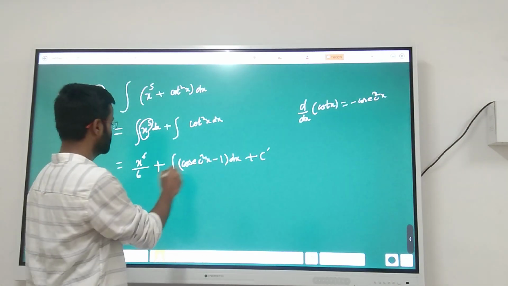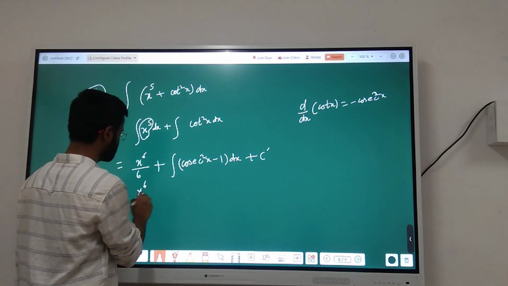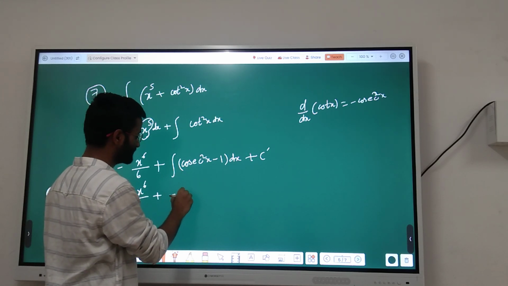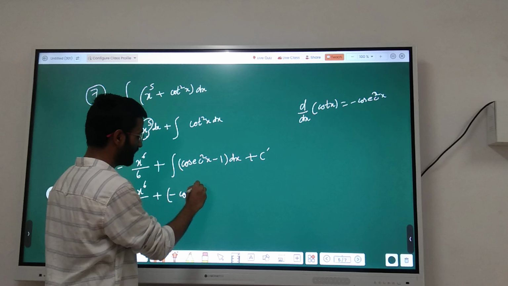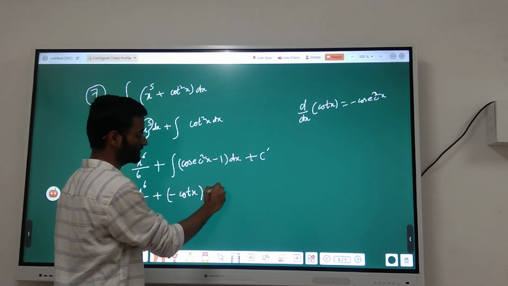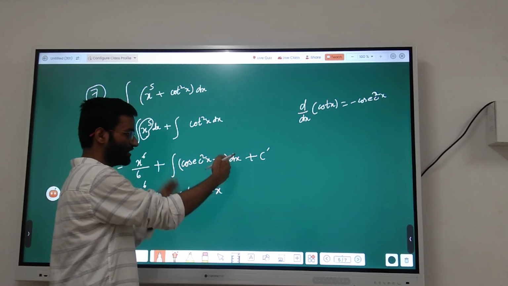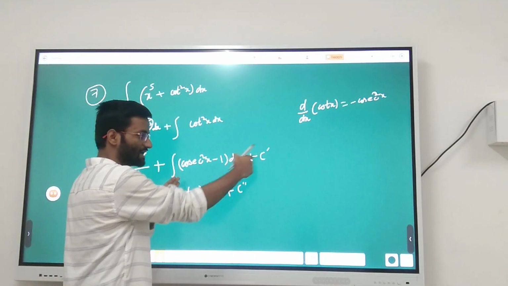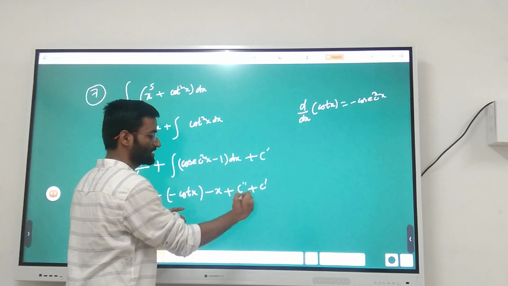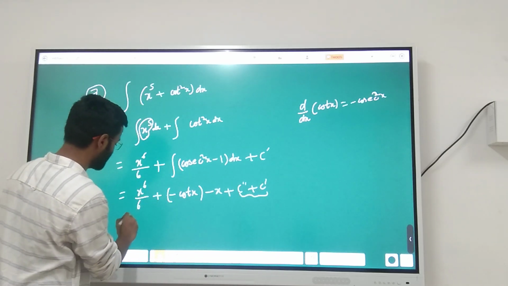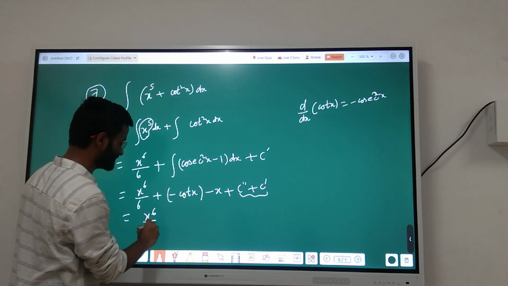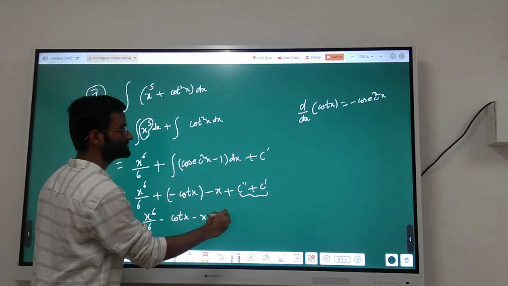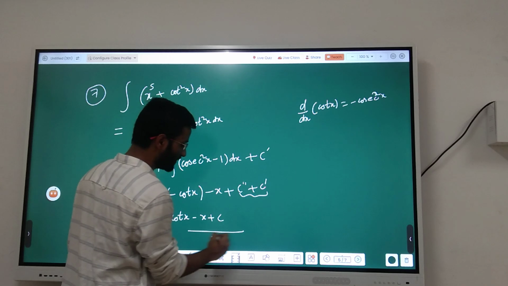And this is going to be x to the power 6 by 6, and cosec square x integration is going to be minus cot x, and integration of minus 1 is going to be x, and another constant will come. I am saying c double dash for this, and this is the c dash, and I can add these. So the final answer is going to be x to the power 6 by 6 minus cot x minus x plus c. Okay, so this is the final answer.